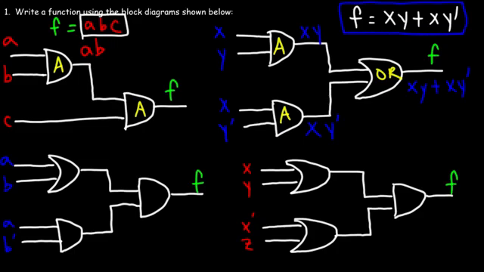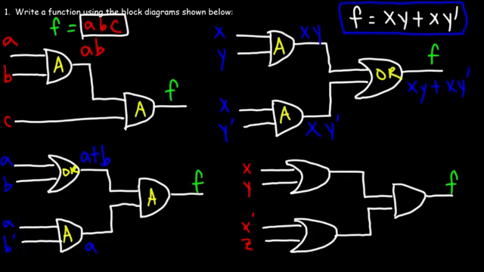Now let's consider the third one on the bottom left. This is an AND gate, and so is this one, and here we have an OR gate. When dealing with an OR gate, we're going to take the two inputs and add them together. So this is going to be A plus B. And for the AND gate, we're going to take the two inputs and multiply them together.